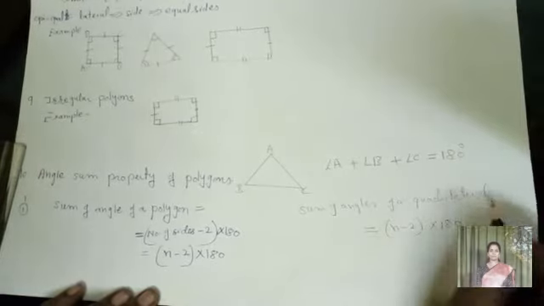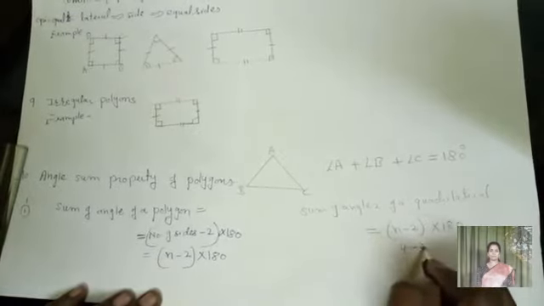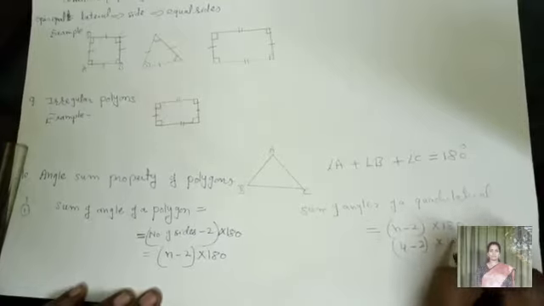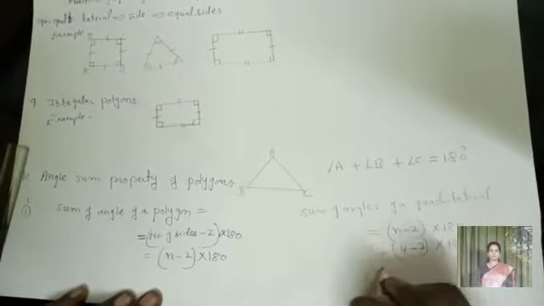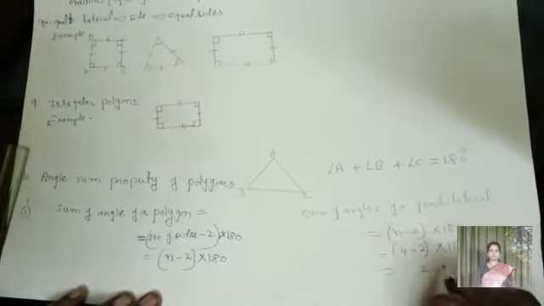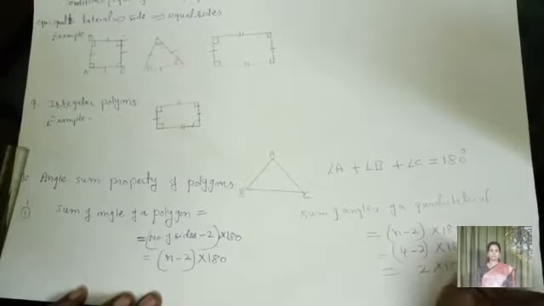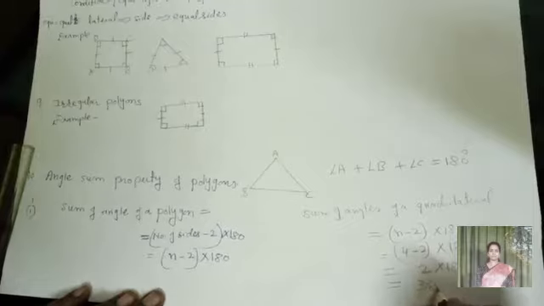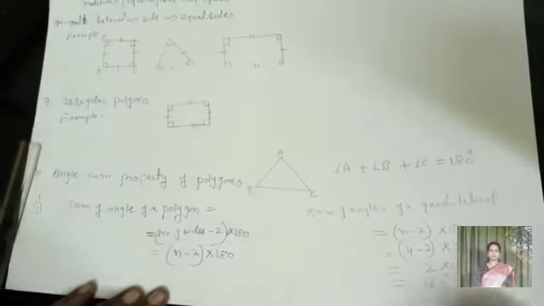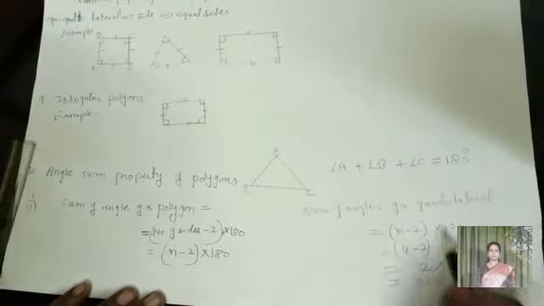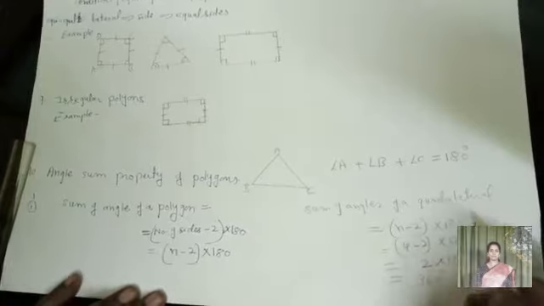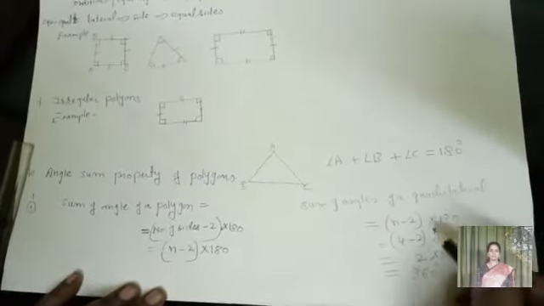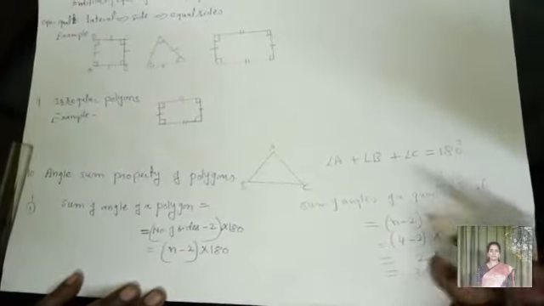Quadri means 4. 4 minus 2 into 180, and 4 minus 2 is 2, into 180. So the sum of angles of a quadrilateral is 360 degrees. So using this formula we can find the sum of angles of different polygons.